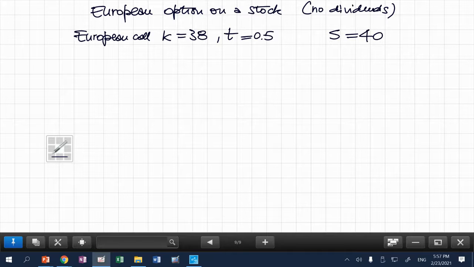Imagine we want to define what is the minimum value we could get out of the option. Here we cannot say it is 40 minus 38 for a simple reason: I can buy or sell at 40 today, but I cannot buy or sell today at 38. Why? Because the option is European. So I can buy or sell at 38 only 6 months from now.